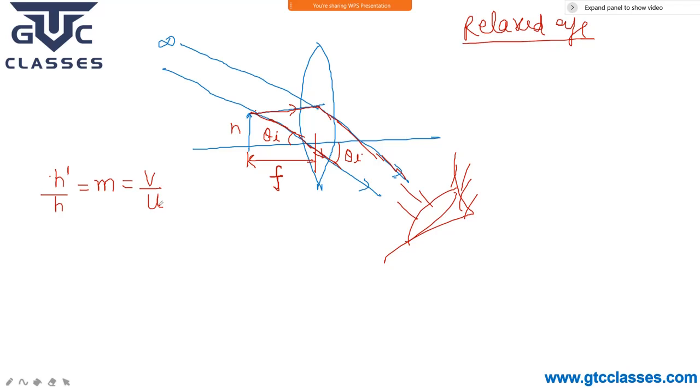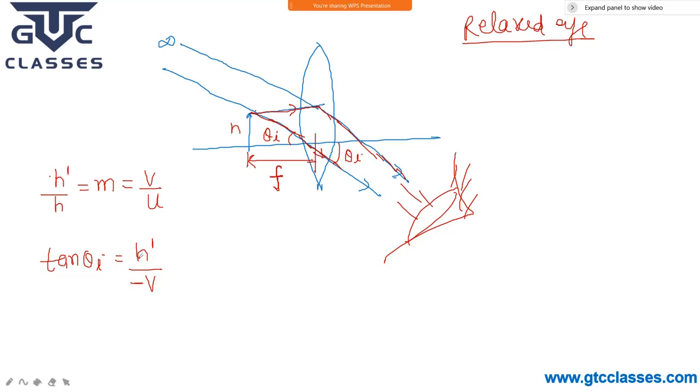Now from here, if we calculate tan theta, tan theta I will be h dash divided by minus v. I'm not writing f or other things as of now; we will write that later, no issues.